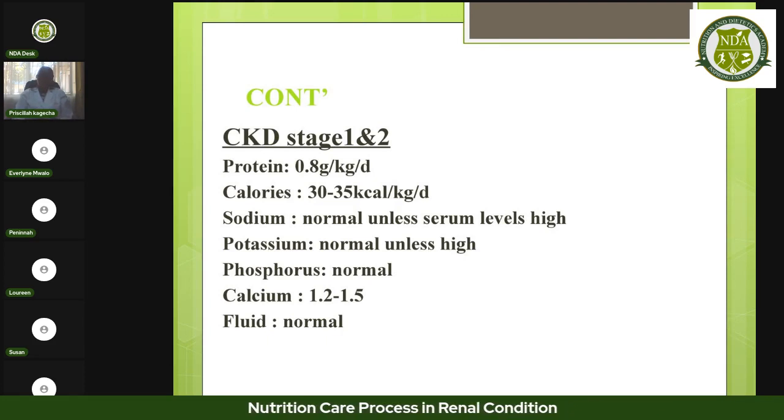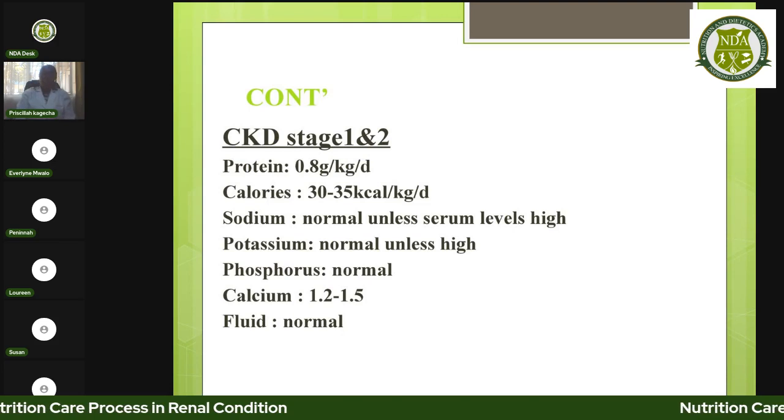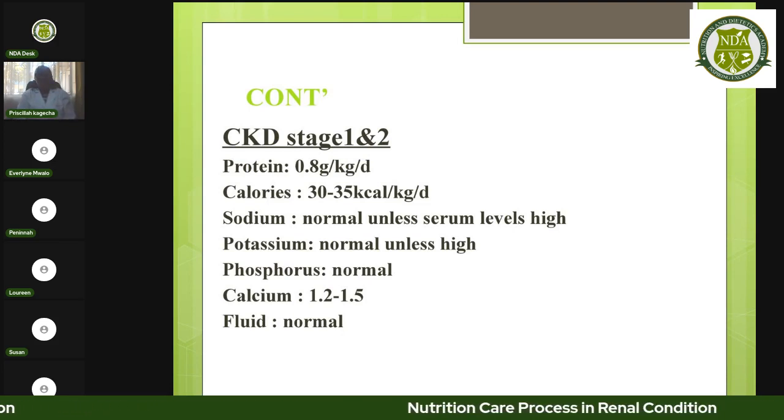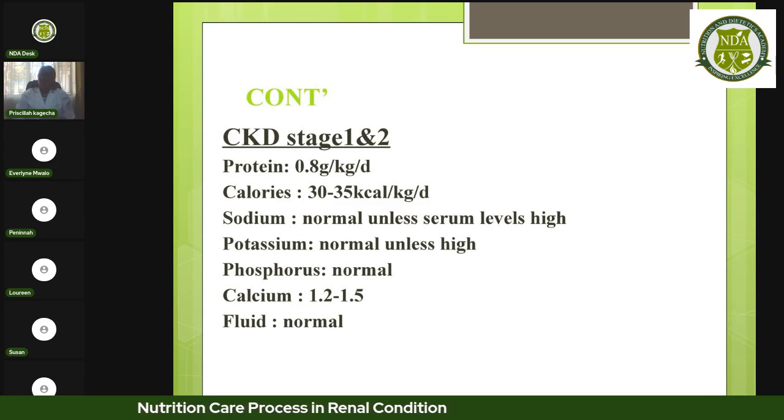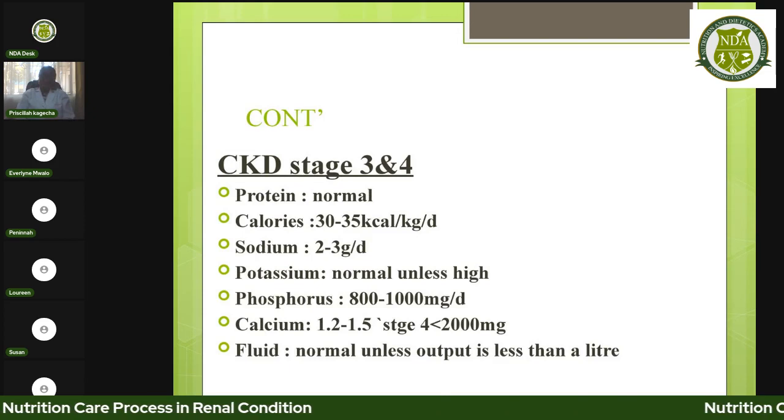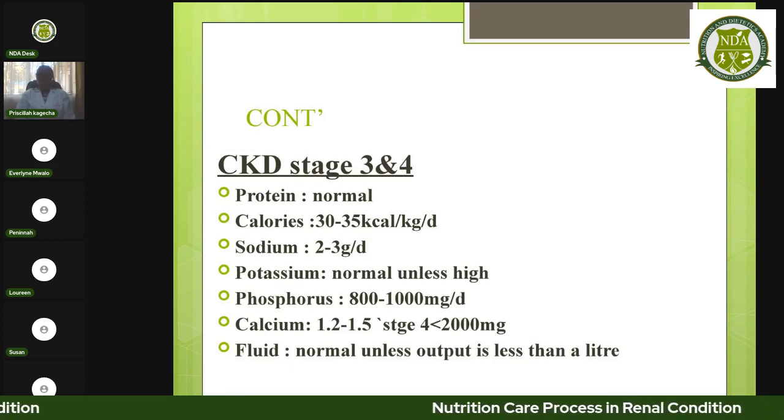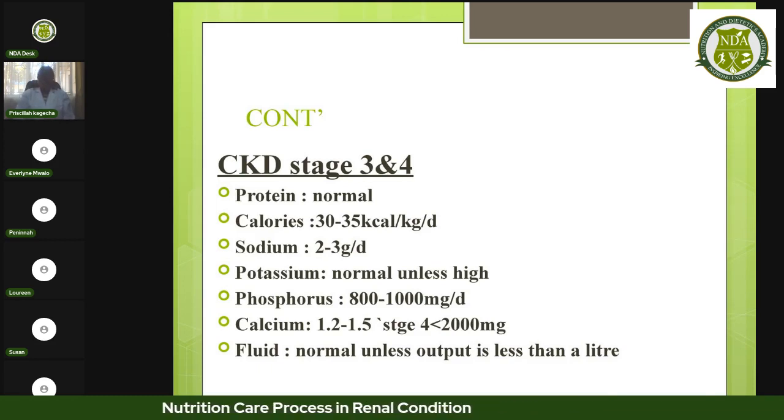Stage 3 and 4 of CKD, the protein is normal, 0.8 grams per kg per day. Calories as well, 30 to 35. Sodium, you want to give 2 to 3 grams per day. Potassium, you want to give the normal levels, 2000 milligrams, unless the patient is hyperkalemic.